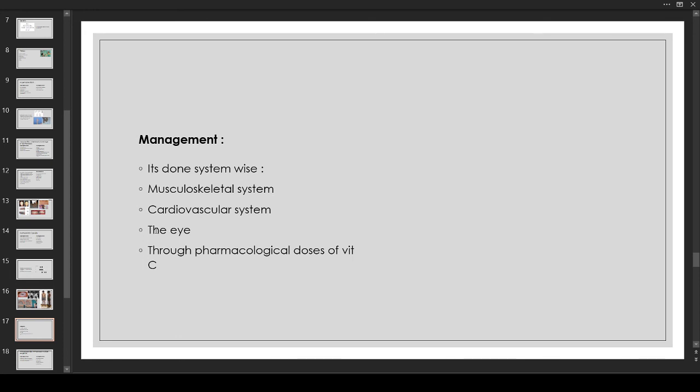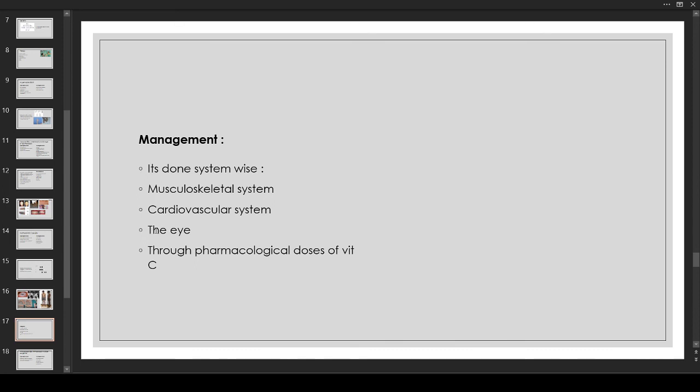In the musculoskeletal system, it is followed up regularly by an orthopedic surgeon for management of the scoliosis or kyphosis, and he may need bracing or require surgical intervention at times. For the cardiovascular system, measurement of the aortic root size by echocardiogram at the time of diagnosis, by the age of 5 years, should be done.